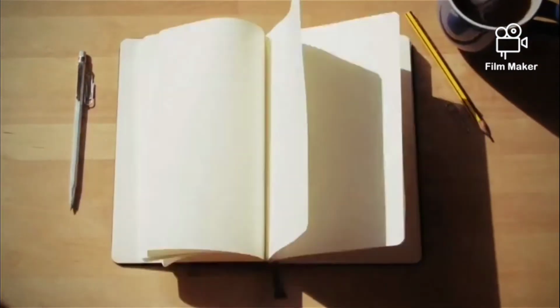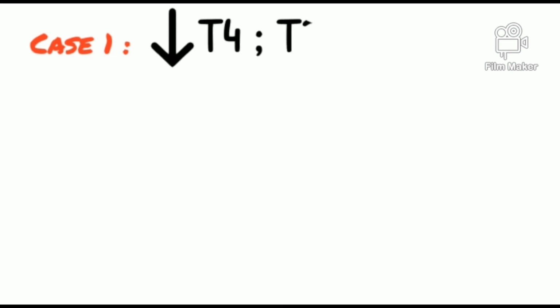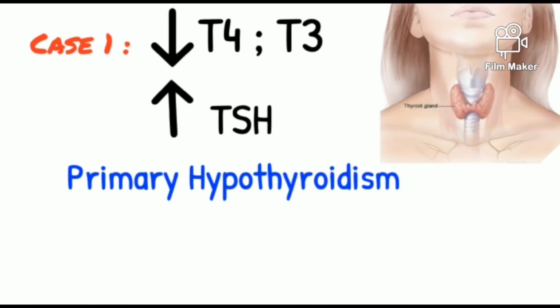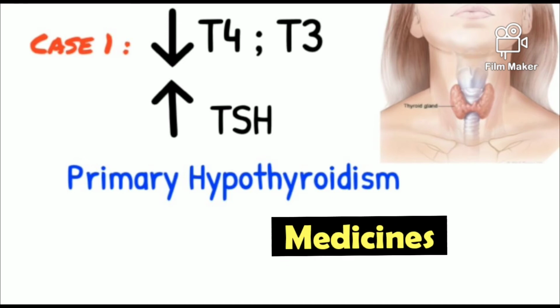For example, in case 1, T3, T4 levels are reduced and thyroid stimulating hormone, that is TSH levels, are increased. Whenever the T3, T4 levels are reduced and TSH levels are increased, we call it primary hypothyroidism. This is a common case we see. In primary hypothyroidism, doctors advise medications, and depending upon the weight, the doctors advise the dosage.